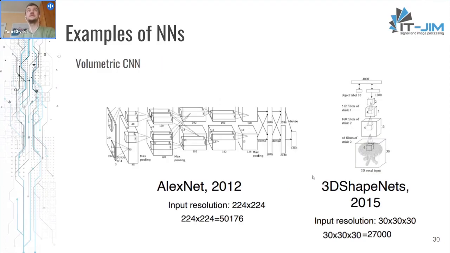For comparison, we can look at the first popular neural networks for 2-dimensional data, AlexNet, and 3-dimensional data, 3D ShapeNet. They are separated by 3 years, and for AlexNet we had an input resolution of 224 pixels.